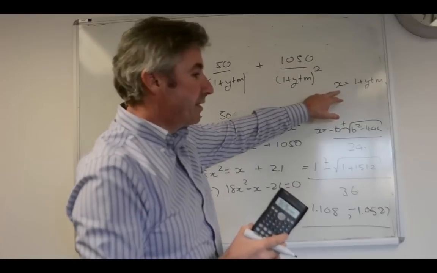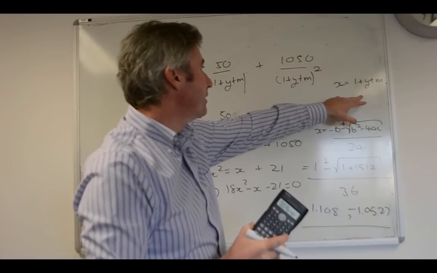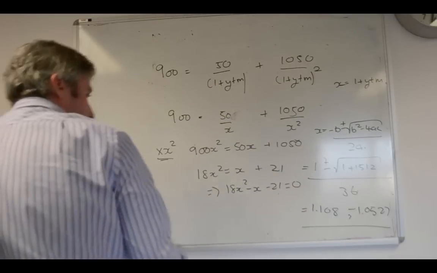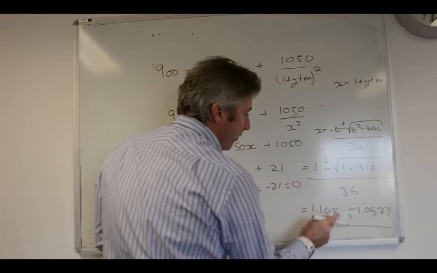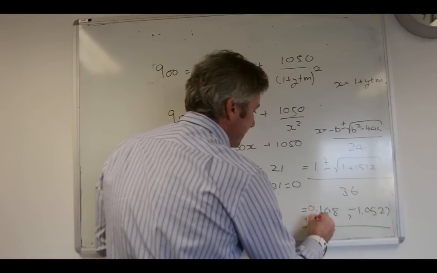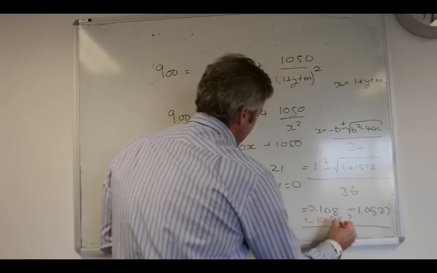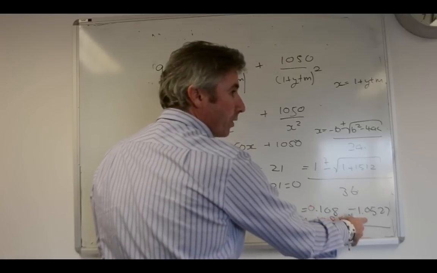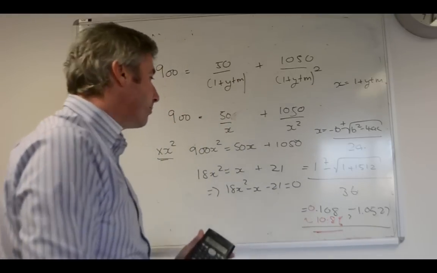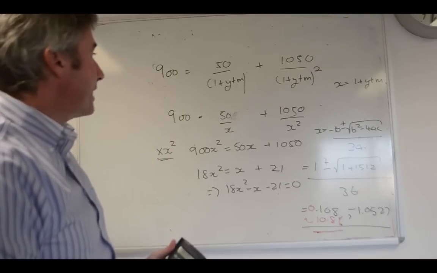We want x equal to 1 plus the yield to maturity, so the yield to maturity is x minus 1. Of course, the solution that counts is the first one, so we take away 1 from that to get 0.108, so the answer is 10.8%. The other solution, when we take 1 away from it, doesn't make sense. So there's our answer for the second bond, a yield to maturity of 10.8%.